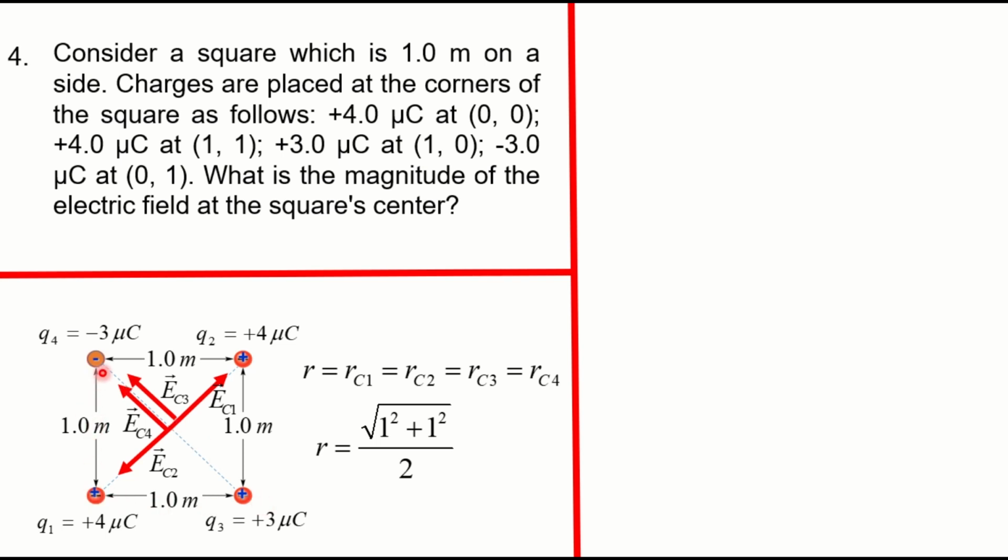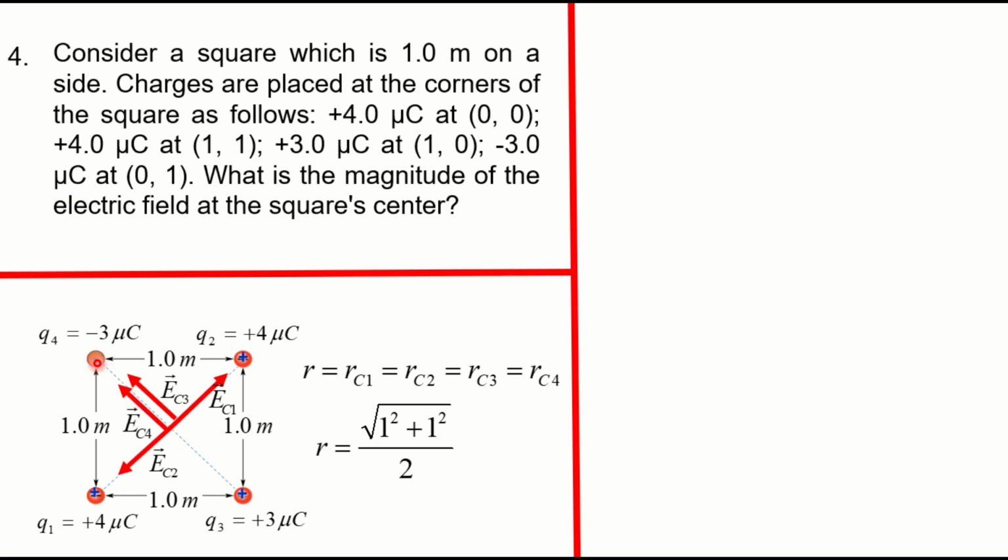So we can use Pythagoras theorem. We take 1 meter squared plus 1 meter squared, and we divide it by 2. We divide it by 2 because when we take 1 meter squared plus 1 meter squared, we get the hypotenuse, but the radius is actually just half of it.